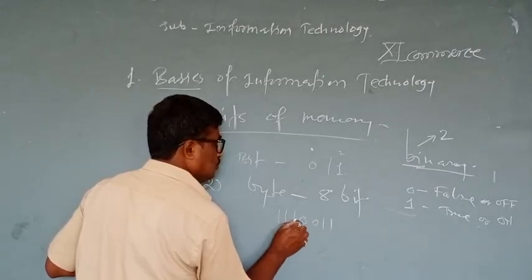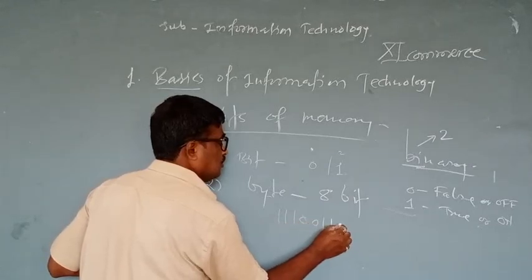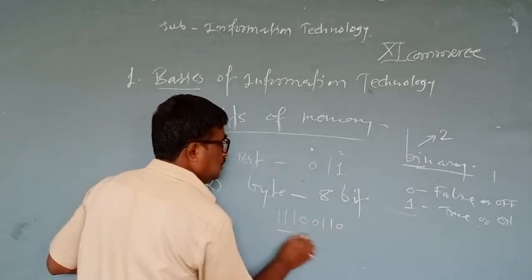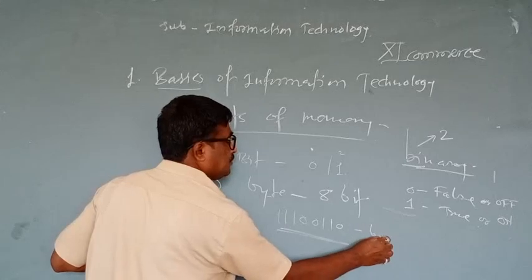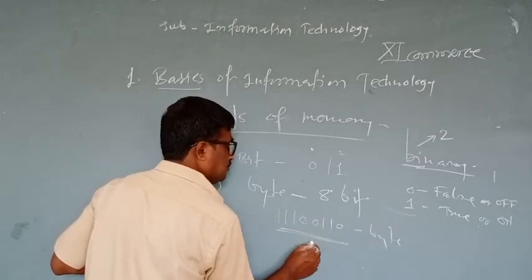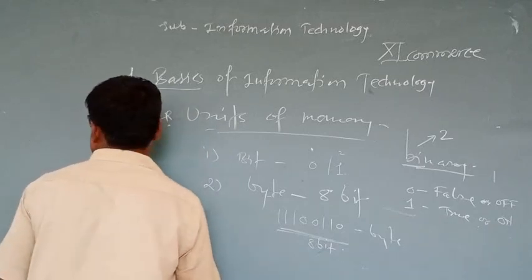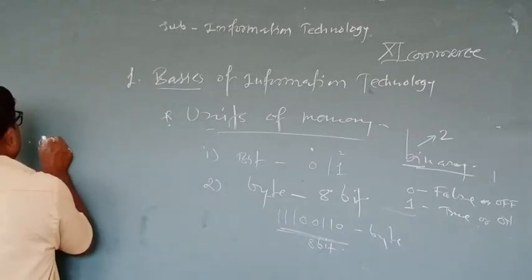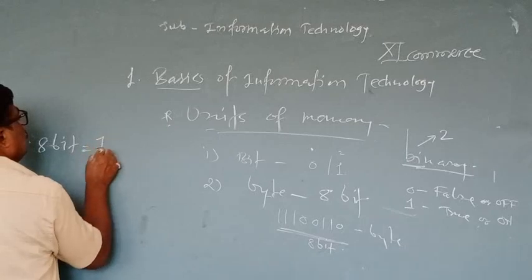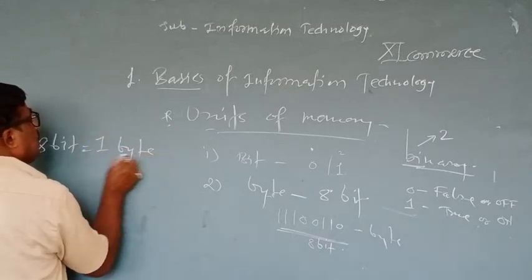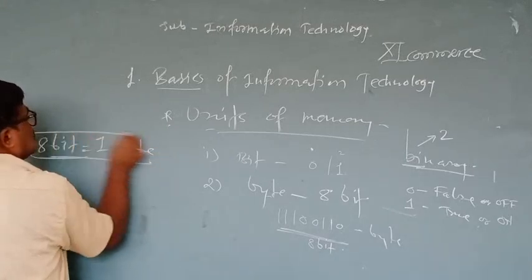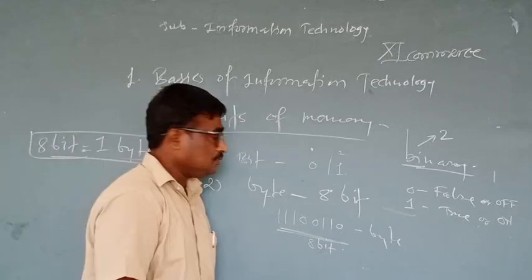Okay, 1 2 3 4 5 6 7 and 0. That is the byte. 8 bits is called a byte. Keep in your mind, 8 bits is equal to 1 byte.